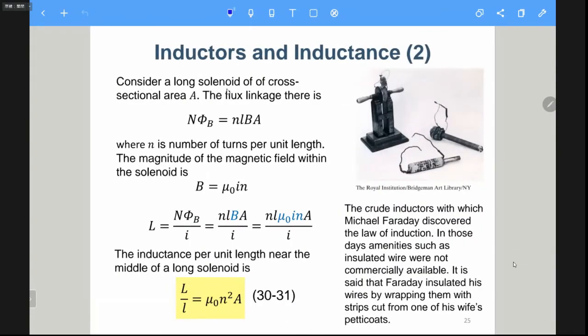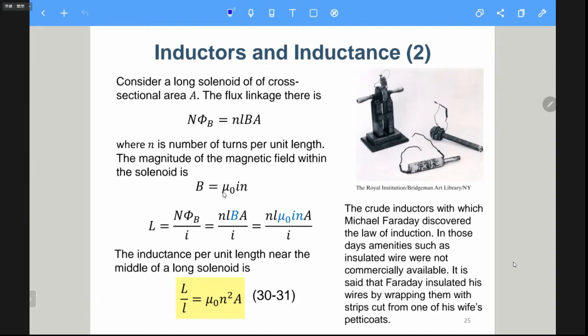So consider a long solenoid of cross-sectional area A. The flux linkage there is this one. Capital N is the number of turns. Small n is the number of turns per unit length. L is the length of the inductor. And then phi B is B times A. Nothing special. And if you still remember, the magnetic field generated by the solenoid is mu naught times I times n.